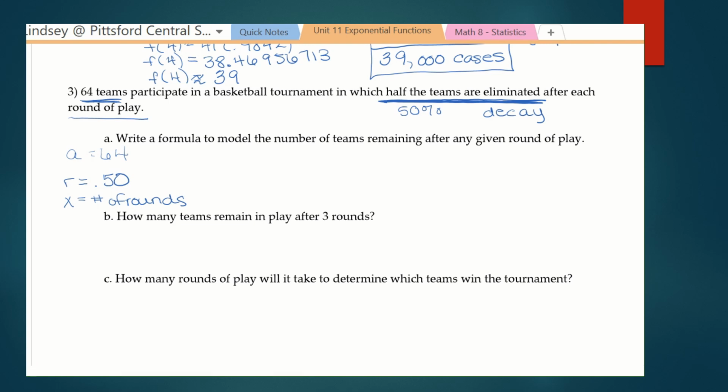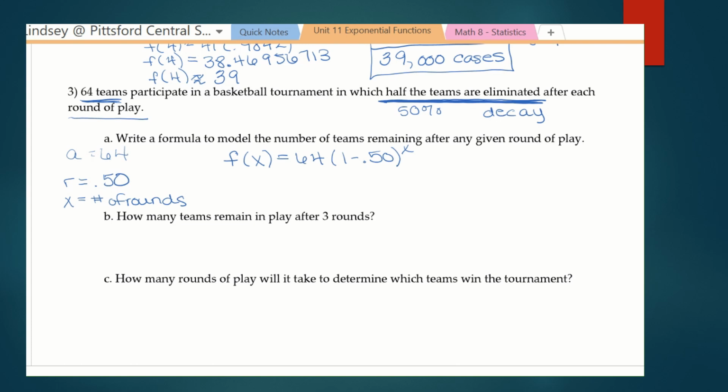So our formula or our equation, you know what, let's do function notation this time. We'll practice. We'll say f of x equals A, which is 64, times 1 minus, because again, it's a decay, 0.5 raised to x.